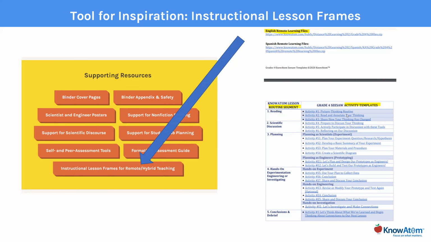And those templates are something you can view. And if you use Seesaw and you find yourself in a remote or hybrid setting, you can use them through Google Classroom, which Seesaw plugs into. The other thing you could do is rewrite them as prompts if you wanted to use them in class. But the way that they're written is for asynchronous learning environments at this point.